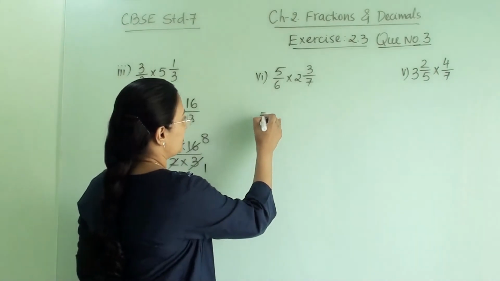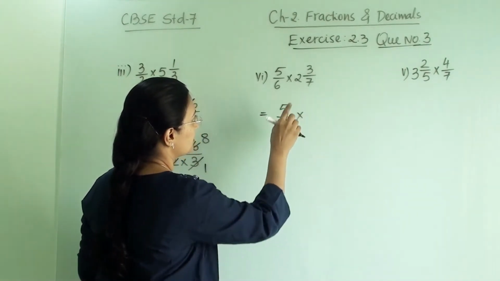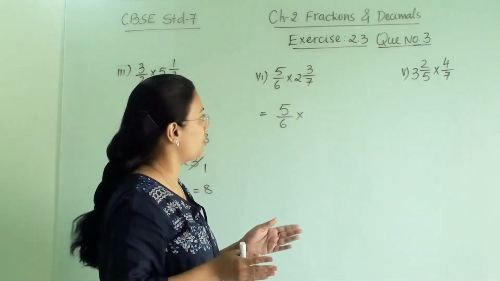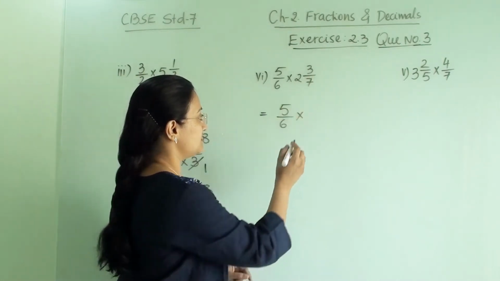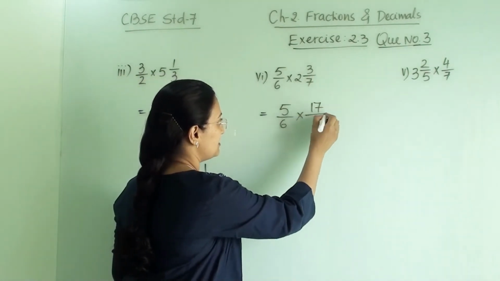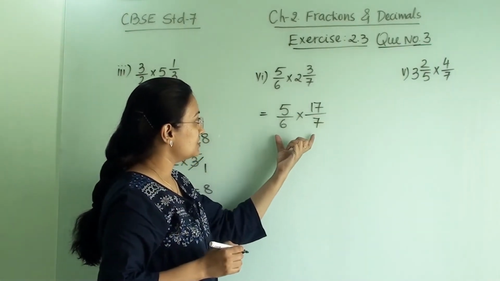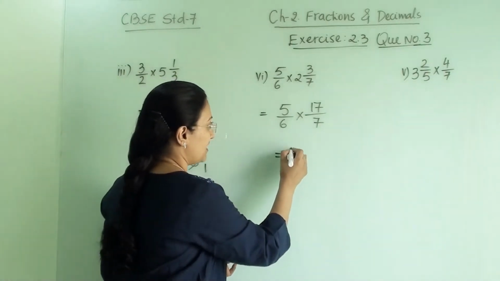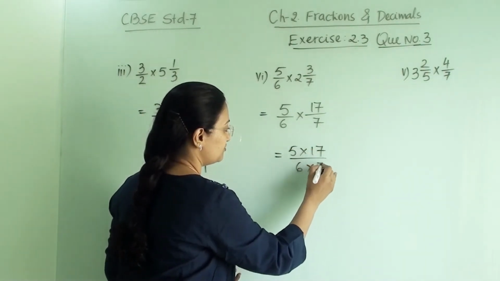Now the next one. 5 into 6 in multiplication with. This is mixed fraction, so we have to convert it into improper fraction. 7 into 2, 14. 14 plus 3 is 17. 17 divided by 7. So can we reduce anything here? No, we cannot reduce anything here. So it is 5 into 17 divided by 6 into 7.